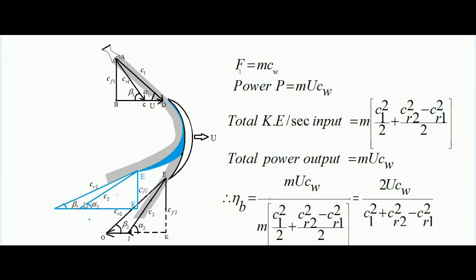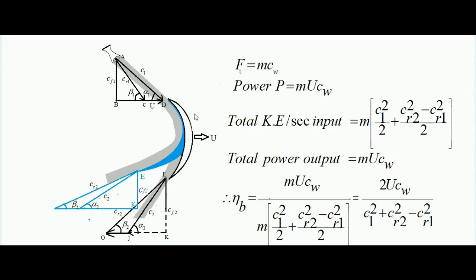In case α2 and β2 are reduced, definitely this vertical component will also reduce, because this is cr2 sin β2. So for an impulse reaction turbine blading system, the outlet blade angle is kept correspondingly smaller, so that no vertical force is developed over the blade.